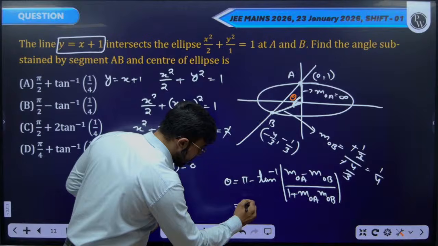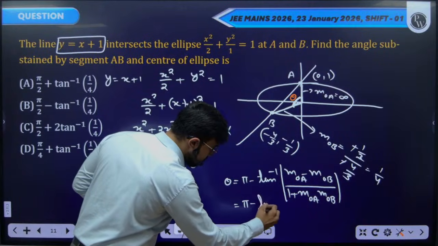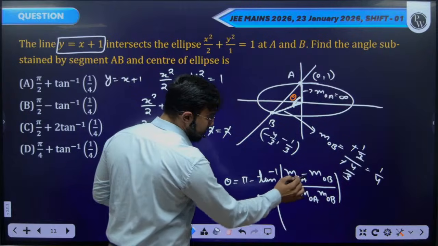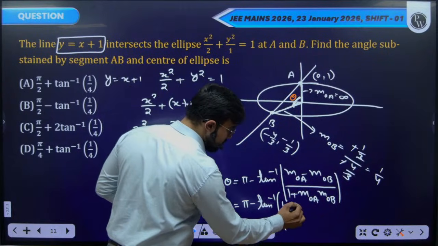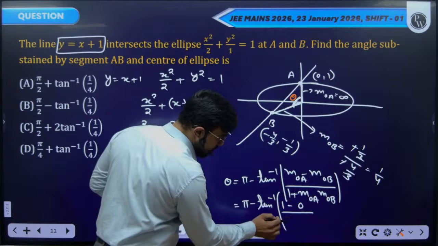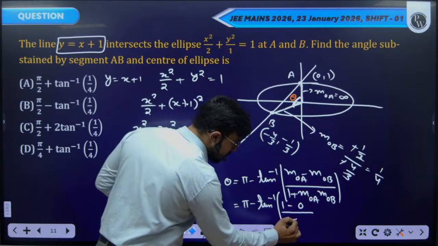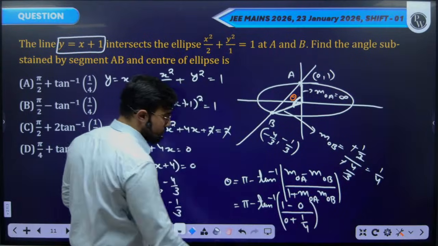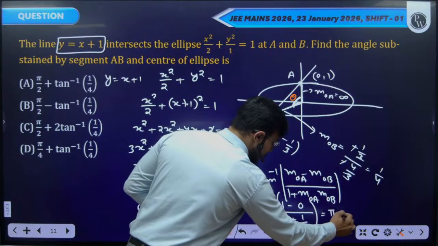So what you will get? Pi minus tan inverse, 1 minus 0 upon 0 plus m OB. m OB is 1 by 4.